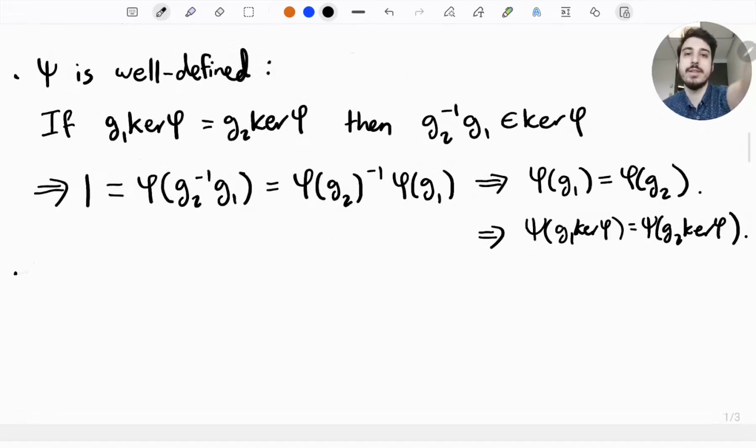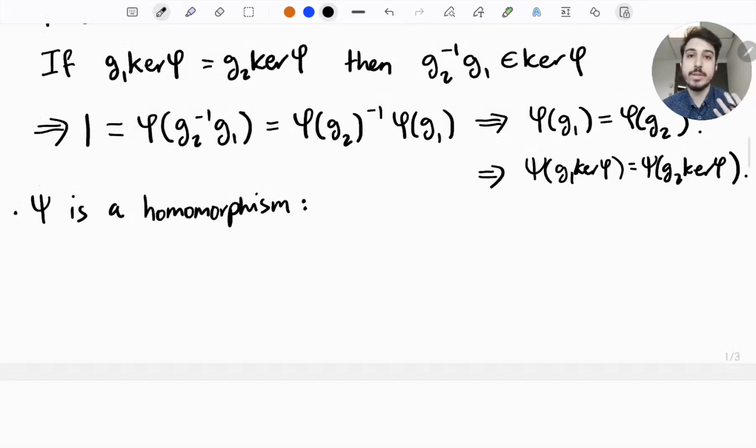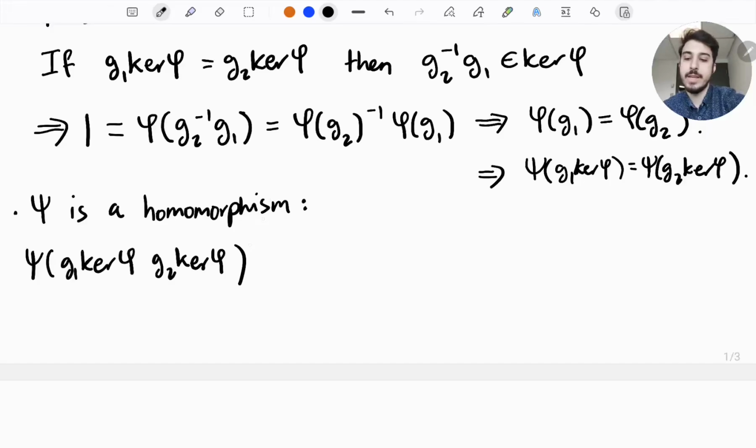The next thing to check is that psi is a homomorphism. This is a very straightforward check because psi of 2 elements g1 ker phi, g2 ker phi is equal to psi of g1 g2 ker phi.